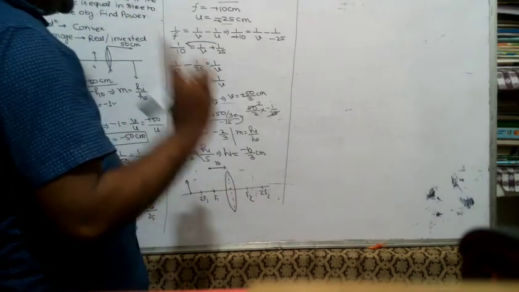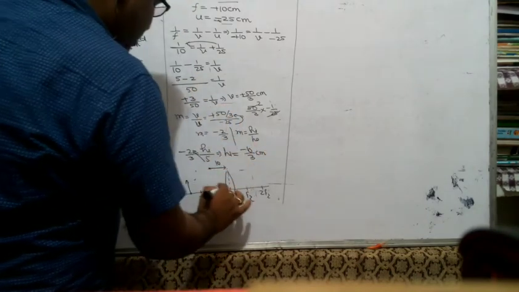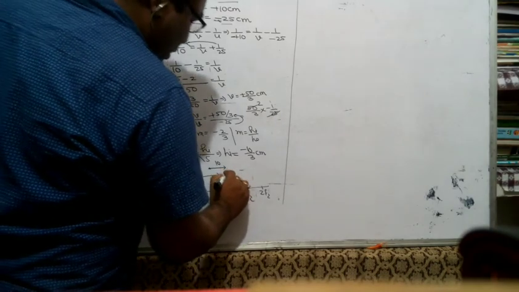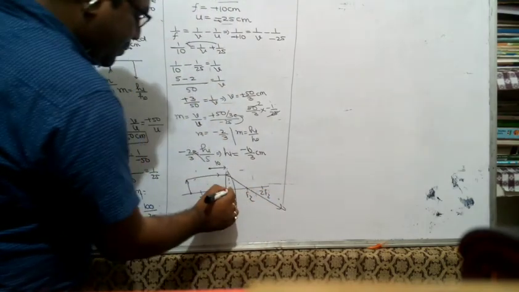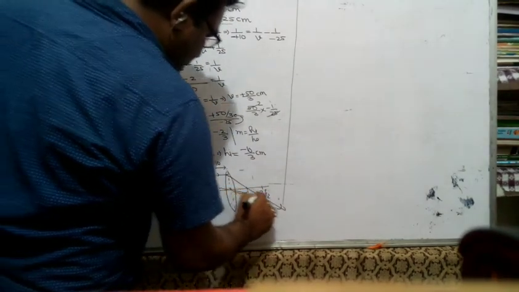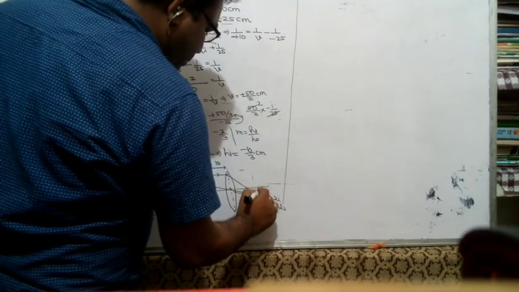And no need to draw the other measurements. Only 2 rays are enough. First draw the parallel ray, it will pass through the focus, and the secondary ray through the optical center, and they will meet here, beta.